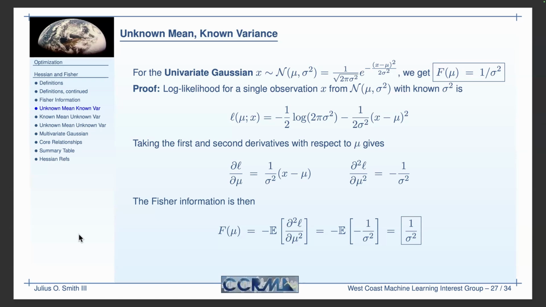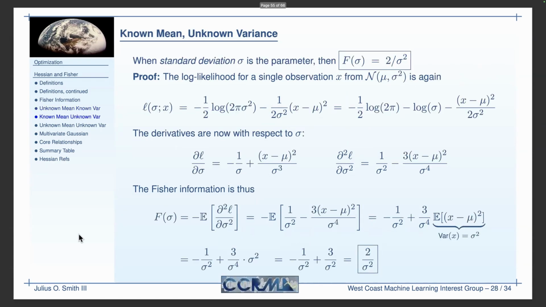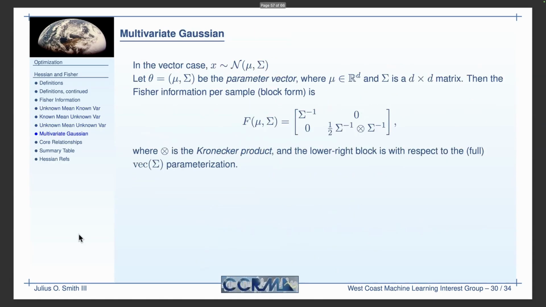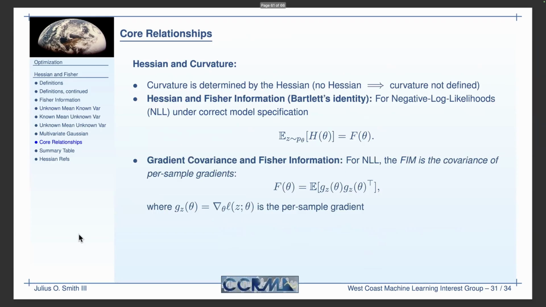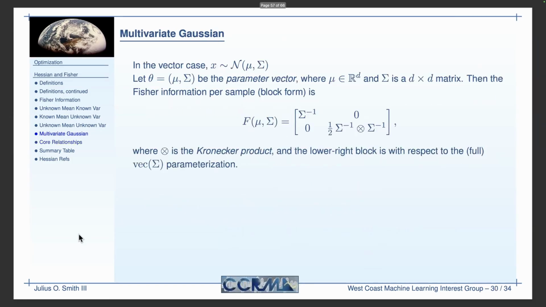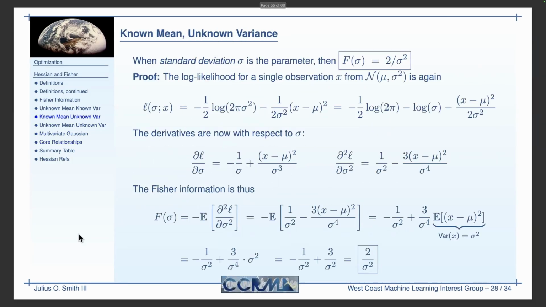It's all really simple in the case of a Gaussian. If you have known mean, unknown variance, or unknown mean, known variance, it just is really pretty and simple. So if anybody's interested in the fundamentals of maximum likelihood, Hessian, curvature, and Fisher information, we can talk about that.